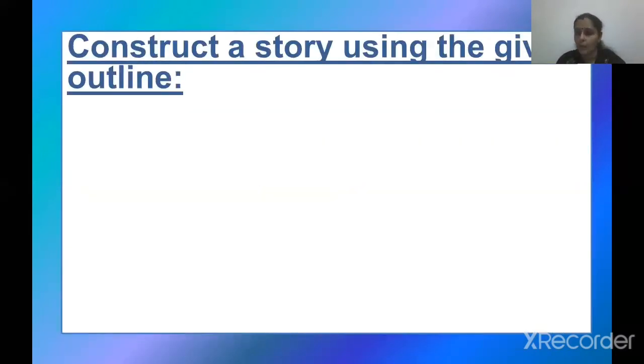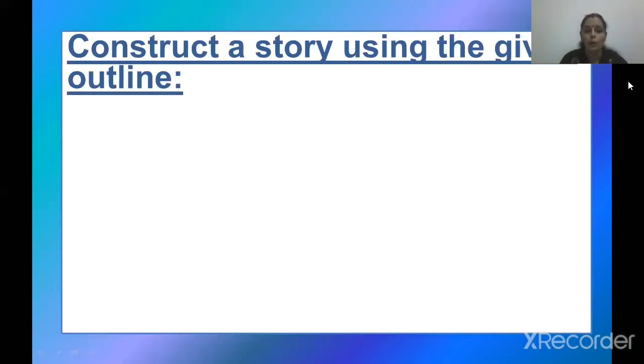Now, since we have already seen the steps, I hope you all have followed the steps that we saw just now. We are going to construct a story using the given outline. We will use the same outline that we saw earlier. Right? Now, children, I want you all to take out your composition book.